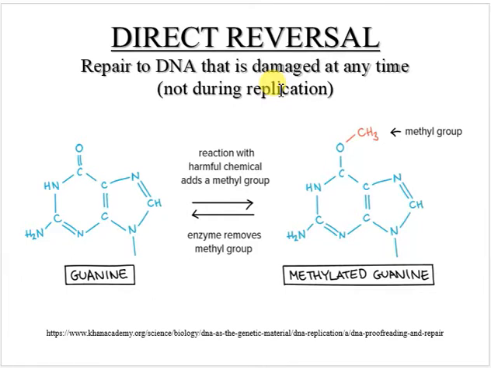It's a very simple technique, you could say. It simply deals with the direct removal of a group. So an incorrect methyl group is added, and then direct reversal simply takes that methyl group off.